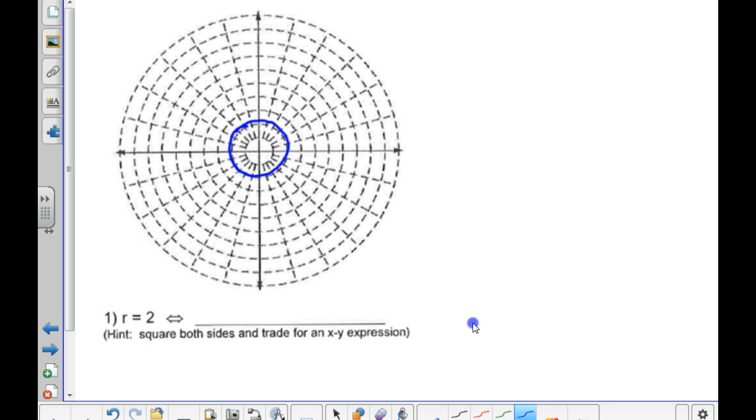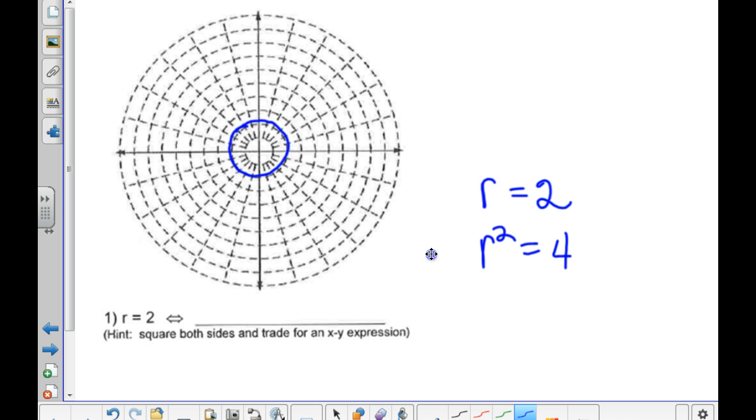Now, to convert this, everybody looking up here? I know you want to fiddle with your calculator. It says r equals 2. If we square both sides, we get r squared equals 4. Didn't lose anybody yet, right?